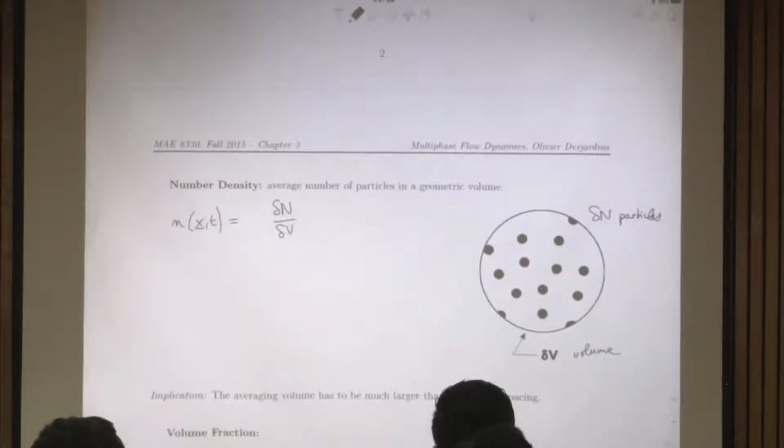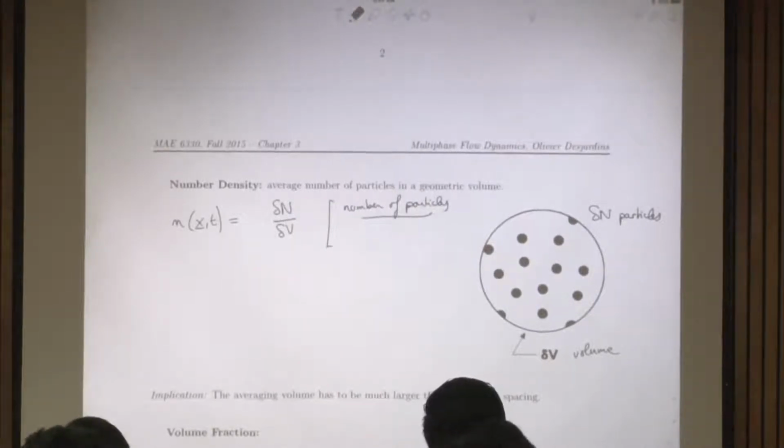The issue is this. In terms of units, this is just number of particles per meter cubed. So this is fine and good. The issue is that now we need to ask ourselves, what should that volume be?